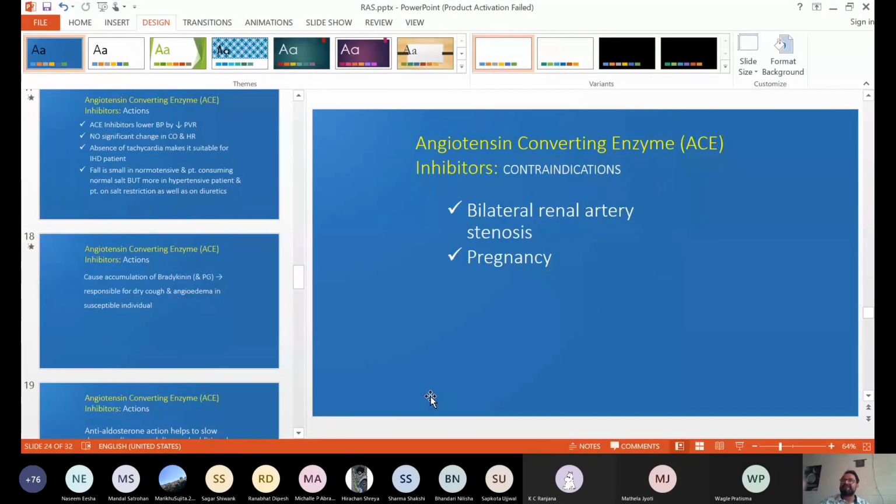Bradykinin is degraded by ACE, angiotensin converting enzyme, which converts bradykinin into its inactive metabolite. With ACE inhibitors we are blocking that enzyme, so it prevents formation of angiotensin 2 as well as the breakdown of bradykinin. So bradykinin accumulates in your blood, which increases the instances of allergic reactions, including in this case dry cough. You understood?